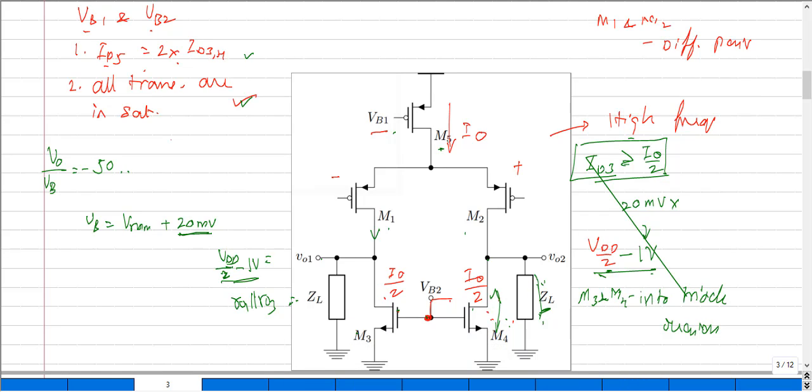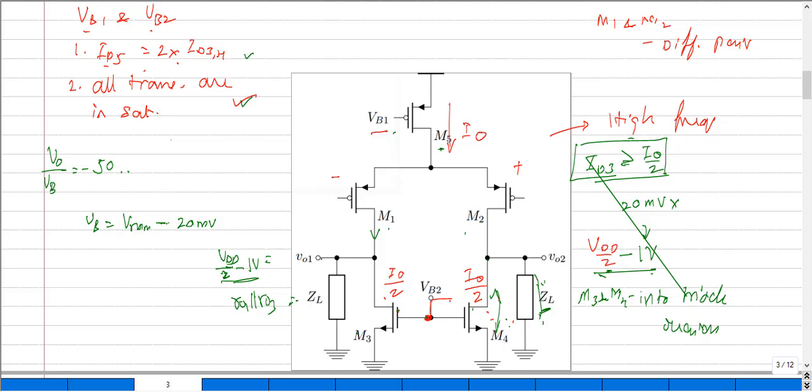Now let us see what happens when the VB2, instead of being at a nominal value, has slightly got reduced down. Okay, let me go with the same value by which it has got reduced. So I just change this one to a negative, right?